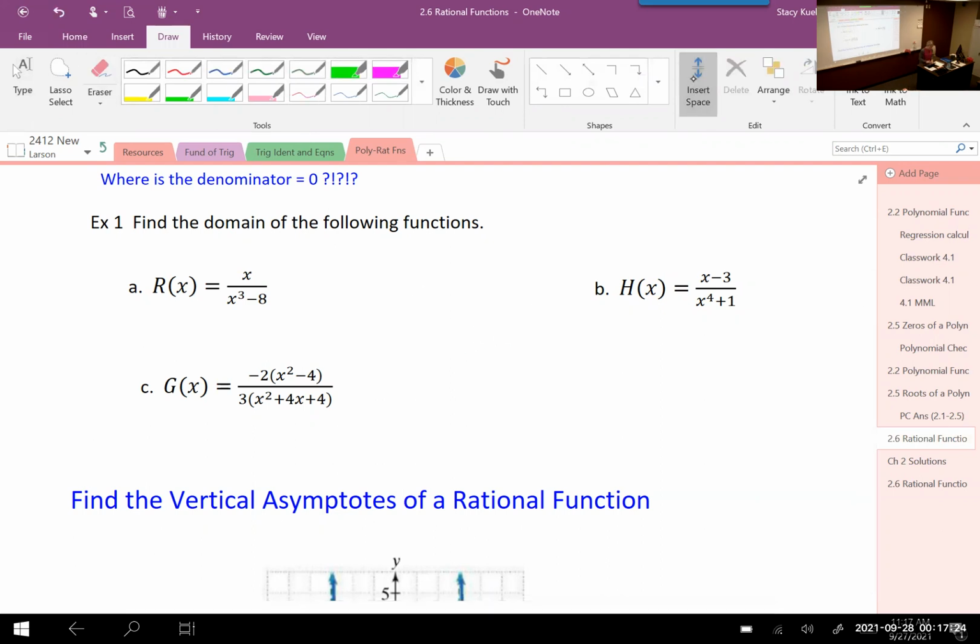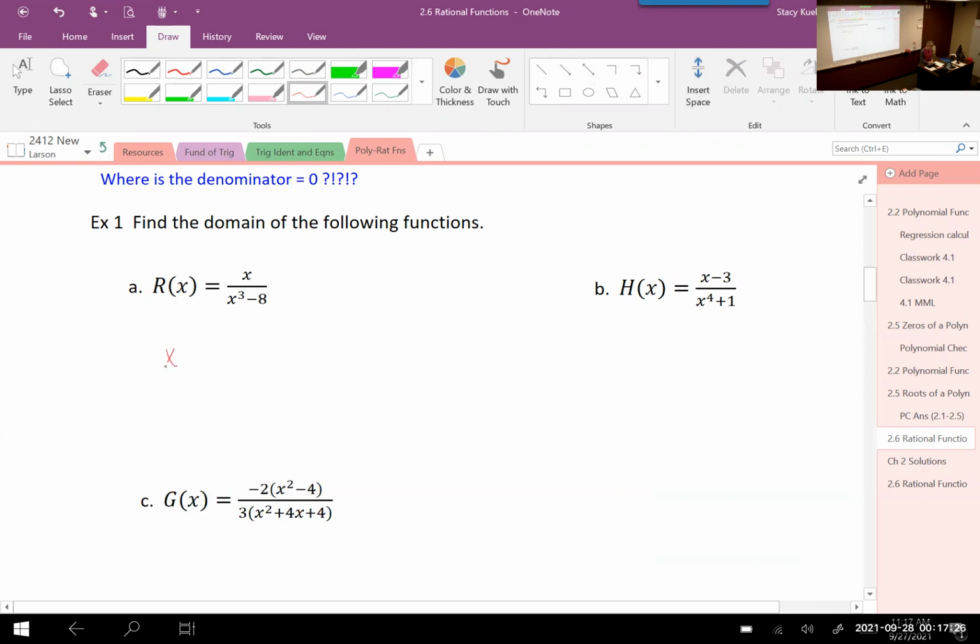is equal to 0. So I would just simply take that denominator, x cubed minus 8 equals 0. Since it's set equal to 0 and I only have 2 terms, I can simply move the 8 over to the right and I end up with x cubed is equal to 8.